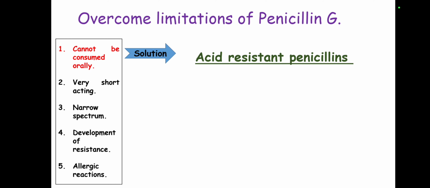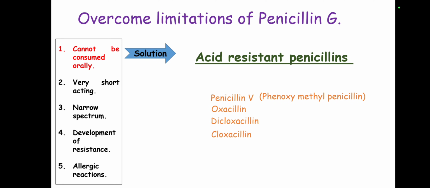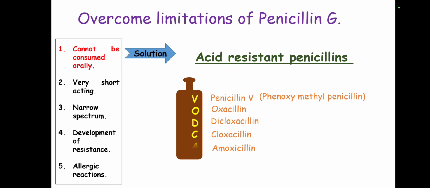They are also known as oral penicillins, and the examples are penicillin V, also known as phenoxypenicillin, oxacillin, dicloxacillin, cloxacillin, and amoxicillin. So these are the examples of acid resistant penicillin. You can remember these names by the mnemonic vodka.